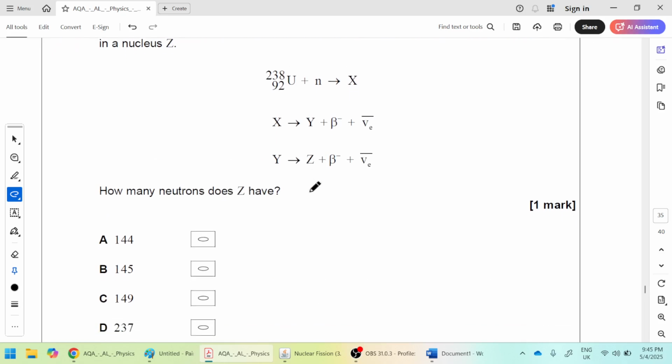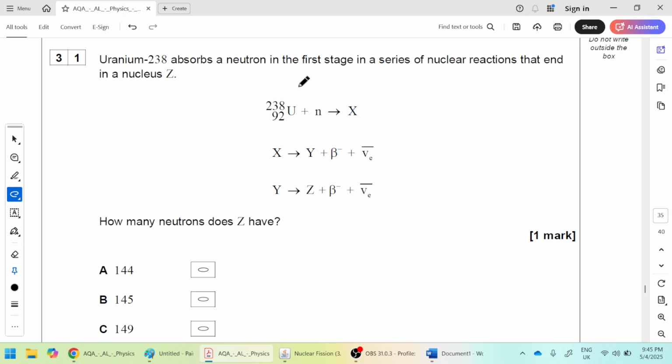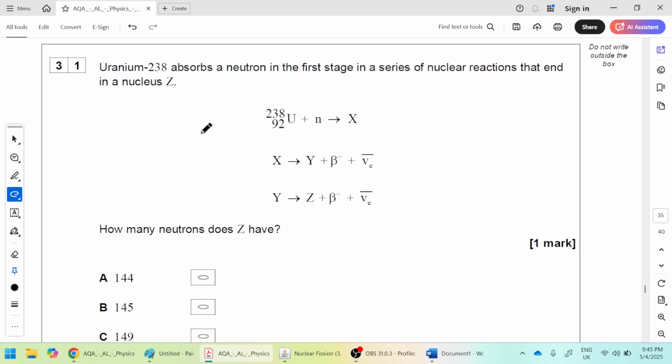How many neutrons does Z have? So we have a bunch of equations. Okay, cool. We'll have to figure it out using numbers.